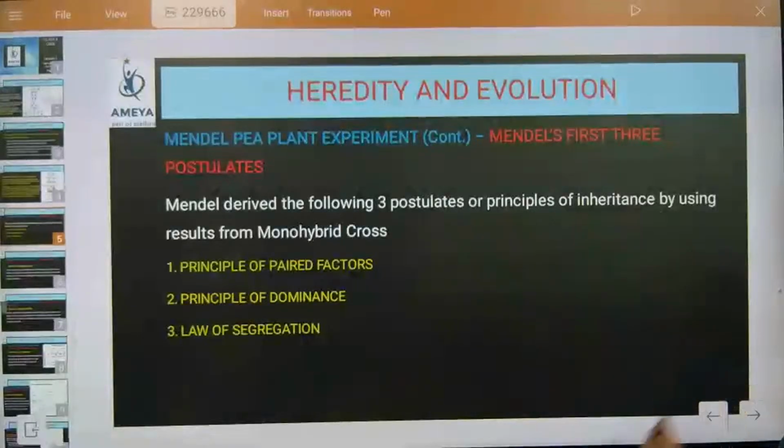First law, what we talked about is we derived the following three postulates of principle of inheritance by using the result of monohybrid cross.